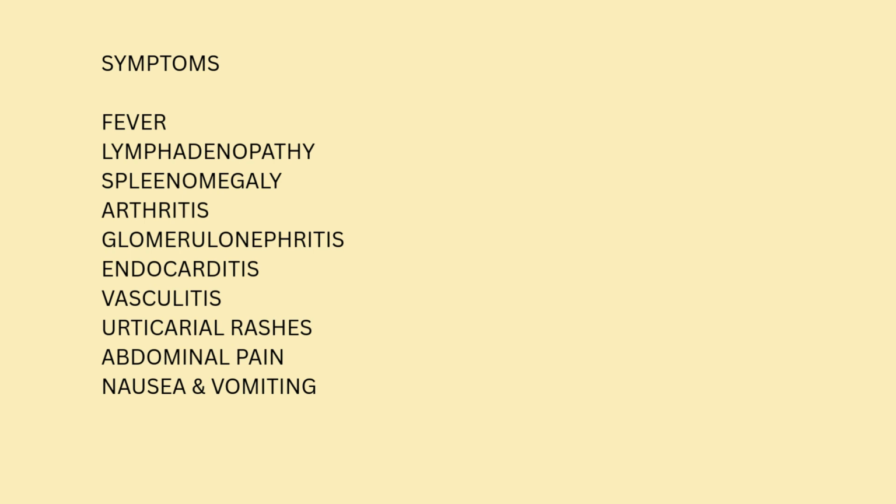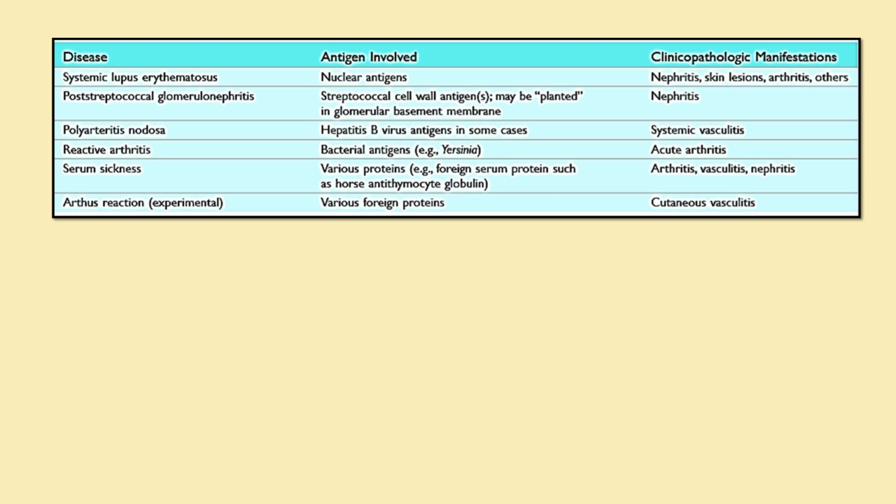The symptoms that are seen in type 3 hypersensitivity reaction could be fever, lymphadenopathy, splenomegaly, arthritis, endocarditis, glomerulonephritis, vasculitis, abdominal pain, urticarial rashes, nausea, vomiting, etc. Now we understood the type 1 hypersensitivity reaction and anaphylaxis reaction, and type 2 had diseases like autoimmune hemolytic anemia, myasthenia gravis, Graves' disease.